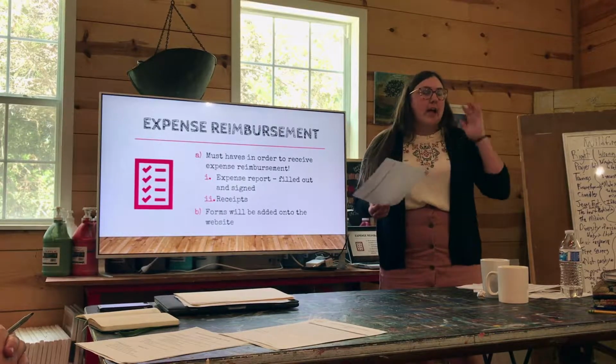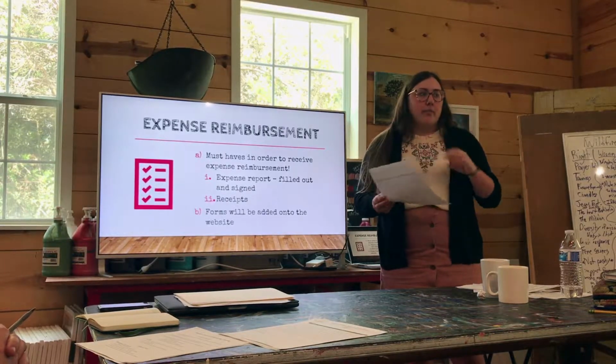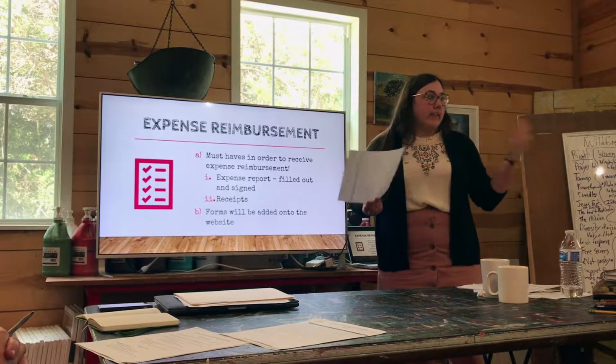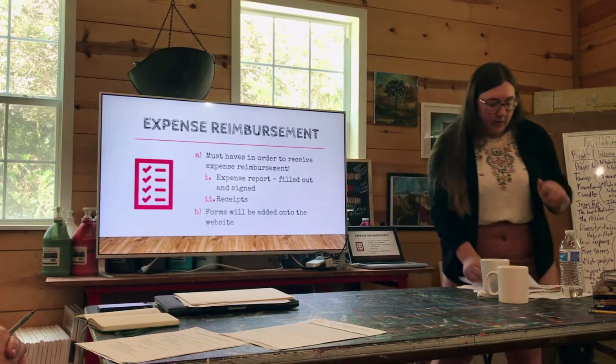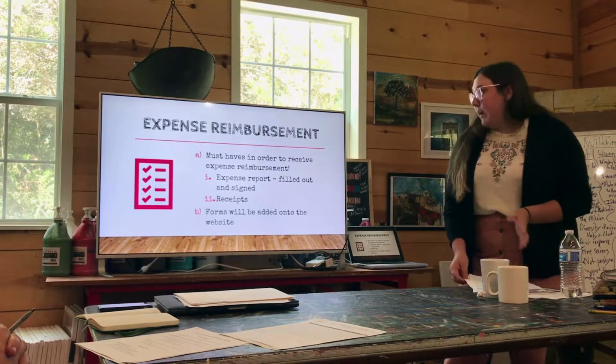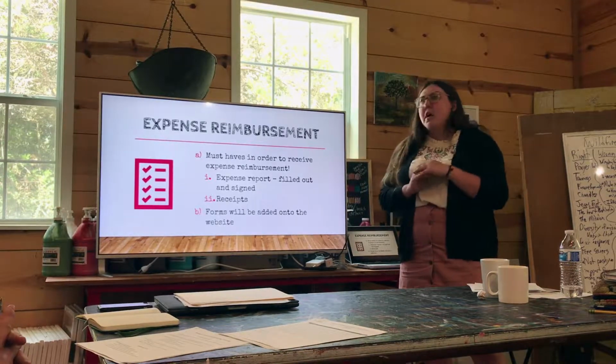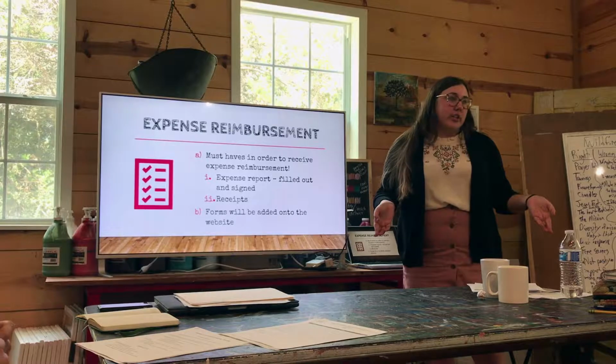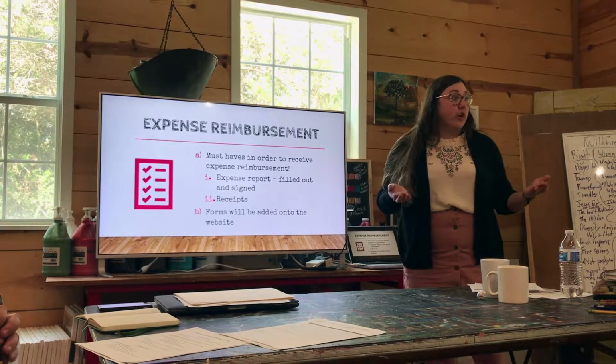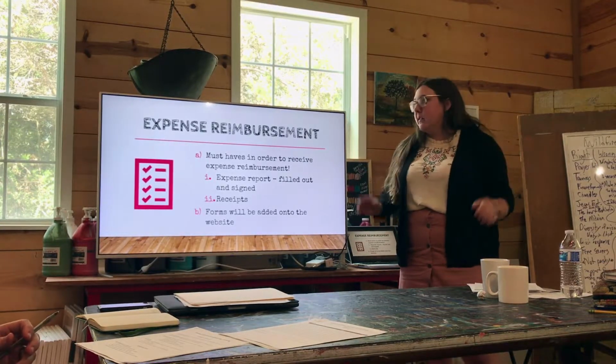The main thing is making sure all those amounts add up exactly, down to the pennies, so we know the exact amount. And then all the receipts along with it. Pretty much everybody's been really good about holding on to receipts and turning those in, and that's great.